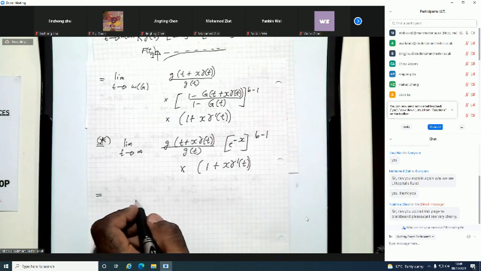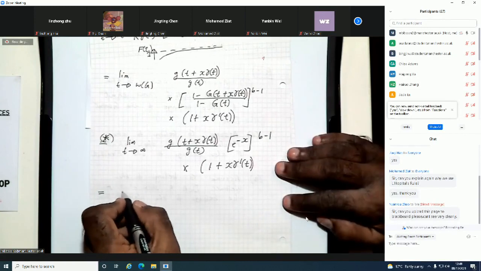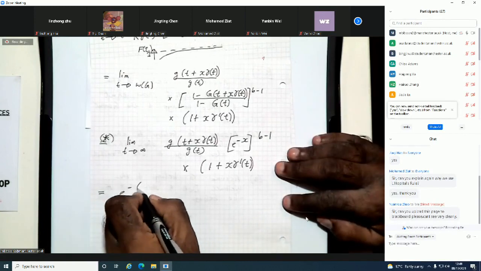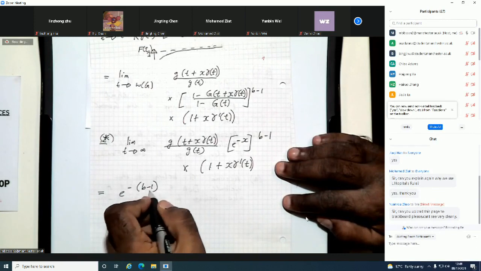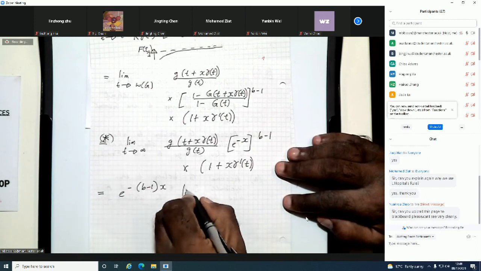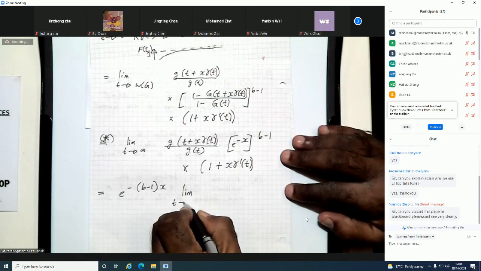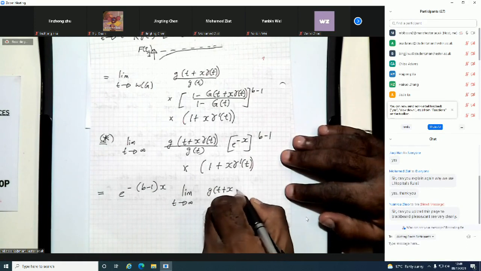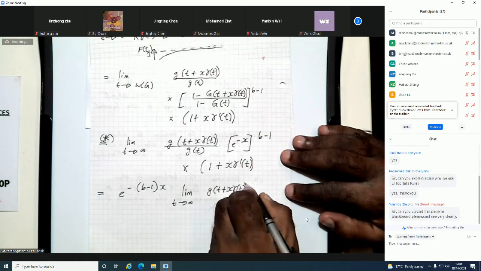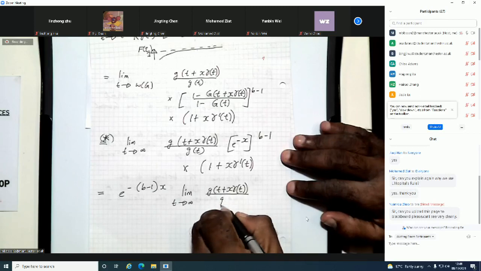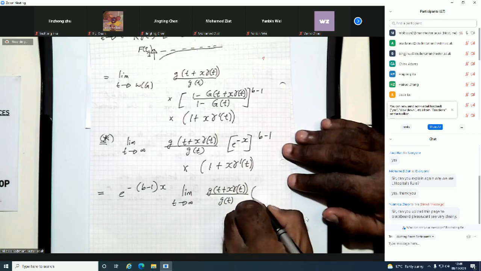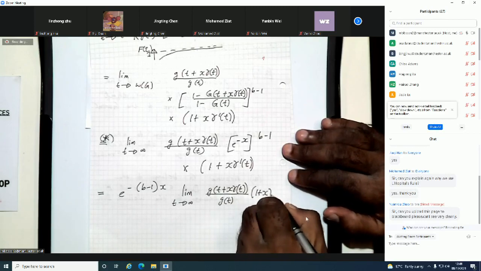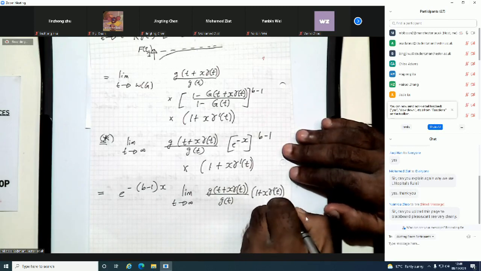Okay. So this is equal to e of minus b minus 1 times x times the limit as t goes to infinity of... Sorry guys, I'm running out of time, but just bear with me for a second.